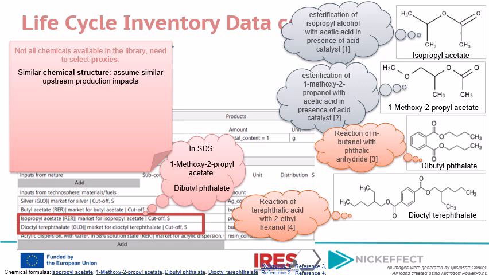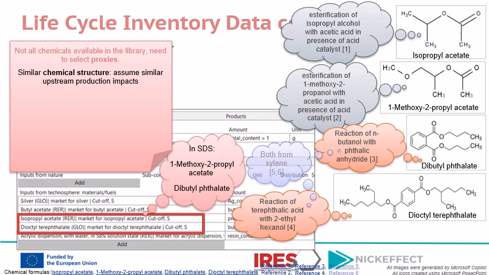The other set of chemicals, so the original one and the one I replaced it with, somewhat also similar chemical structure, somewhat also similar upstream production process, not exactly as close a fit as the previous example, but both of them are a reaction between an alcohol with a certain compound.